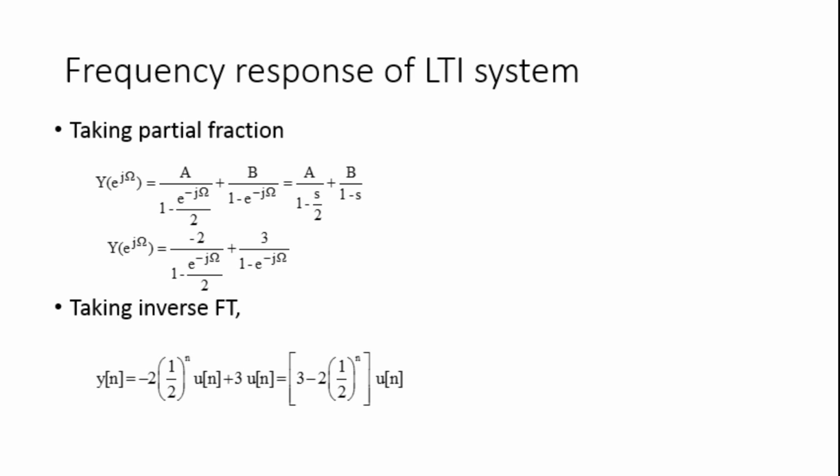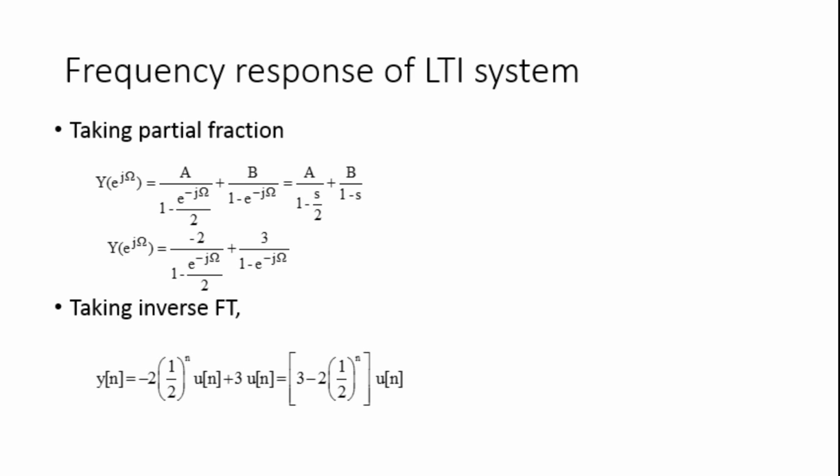Then, using partial fraction expansion, Y of e power j omega is equal to A divided by 1 minus e power minus j omega by 2 plus B divided by 1 minus e power minus j omega, which is equal to A divided by 1 minus s by 2 plus B divided by 1 minus s.